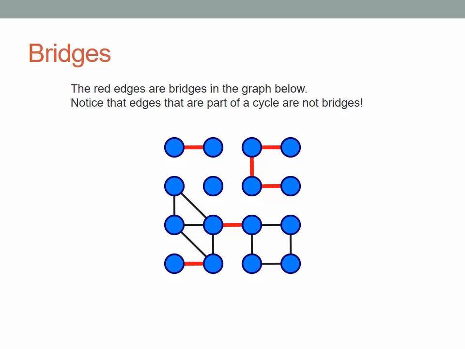So if you remove a single red edge, we'll increase the number of components from 4 to 5. Notice that the edges that are not red are not bridges. If you remove a black edge, you still just have 4 components.